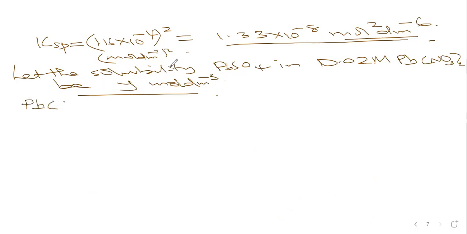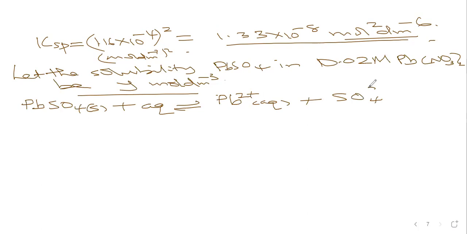Lead 2 sulfate in water gives me lead 2 ions plus sulfate ions. Since you have said its solubility in lead 2 nitrate is Y, this will be Y moles per liter, Y moles per liter, Y moles per liter. You get me when I do that?